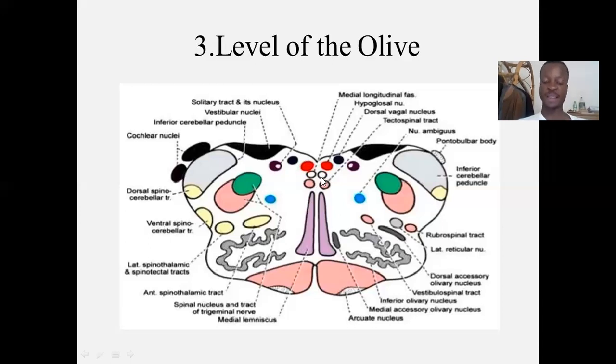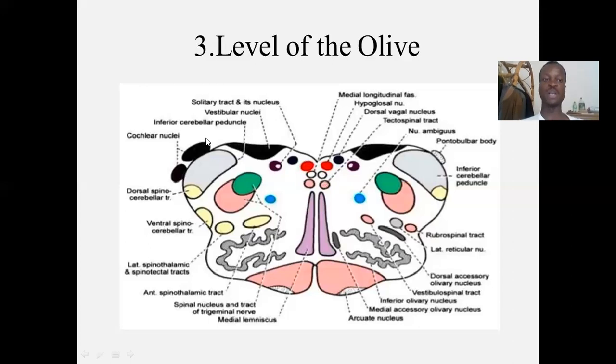And you're going to find that initially the rootlets will pass between the medial lemniscus, which is this one, and the inferior olivary nucleus. Remember, we said when they then emerge from the ventral surface of the medulla, they're going to lie between your pyramids and the olives, right? So these are the hypoglossal nuclei, right?